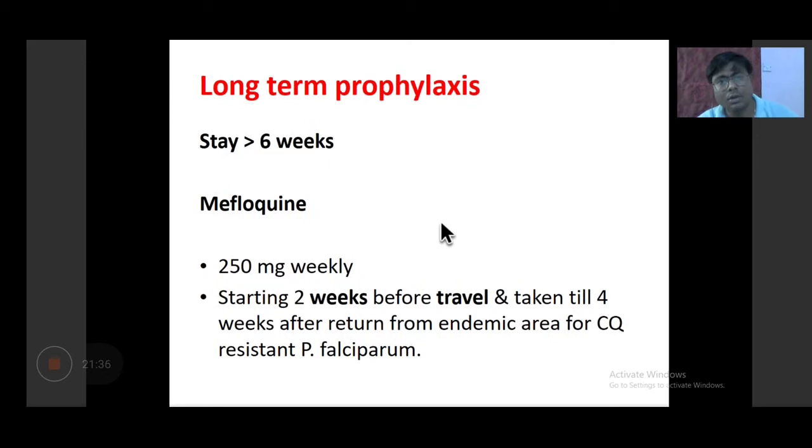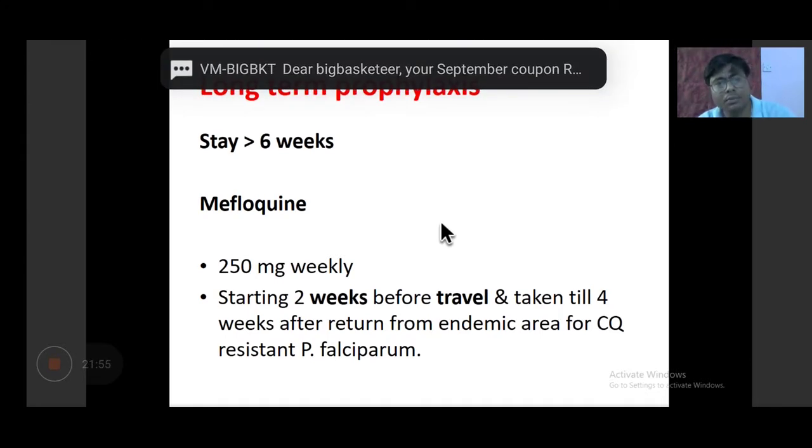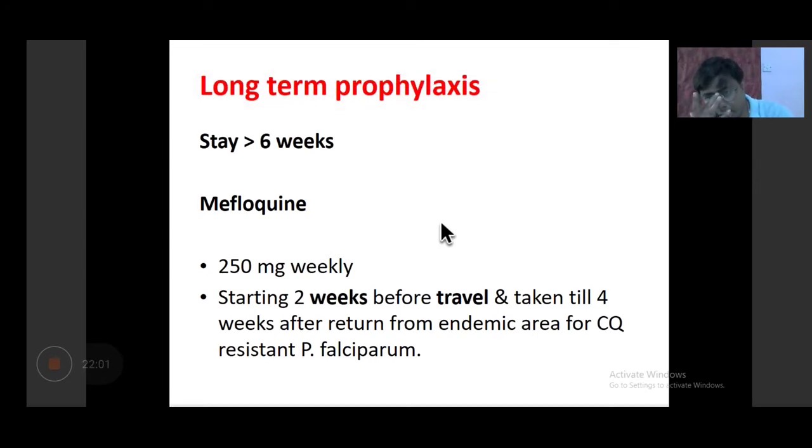That divides into two: long-term prophylaxis and short-term prophylaxis. If the stay is of more than 6 weeks, meaning a person is traveling from a non-malaria zone to a malaria zone and is going to stay there for more than 6 weeks, you will choose mefloquine, because mefloquine is a drug which can be given weekly, so the patient will be more compliant. For 6 weeks, a weekly drug is more preferred as compared to a daily dose.